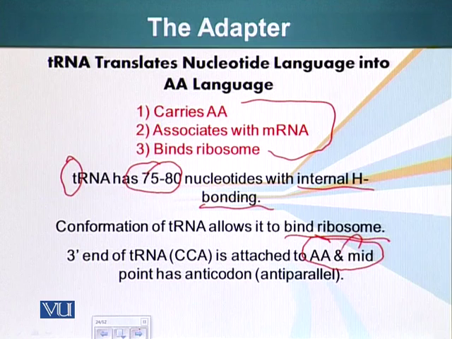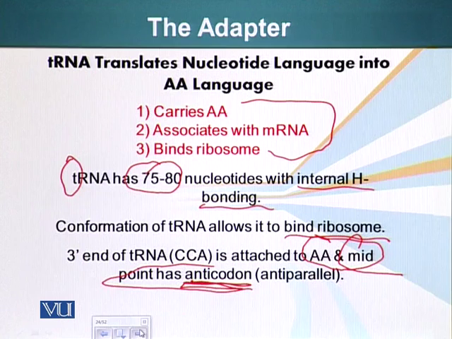The midpoint of this molecule, tRNA, has the anticodon. The anticodon is the part of this molecule that interacts with the codon present on the messenger RNA. So you see the beauty in it. This molecule has nucleotides with a sequence which can bind a specific codon on the messenger RNA, and on the other tip it is carrying an amino acid.